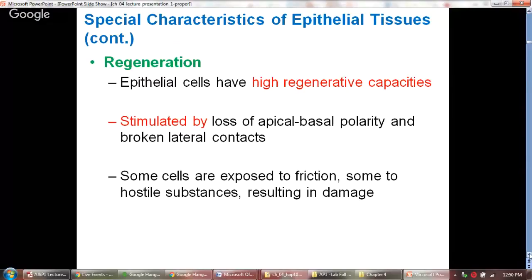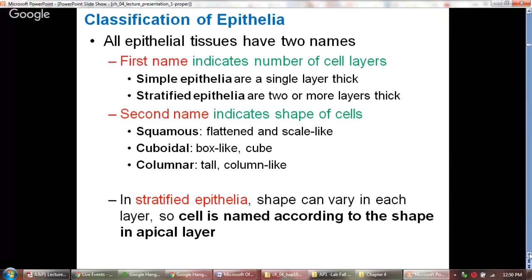Some cells are exposed to friction and hostile substances, and that would lead to damage, and that is a stimulus for the removal of the cells, as well as a stimulus for the start of regeneration.